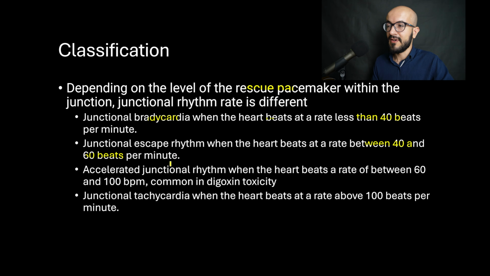And then we have accelerated junctional rhythm, and that is when the heart beats at a rate between 60 and 100 beats per minute, and this is common in digoxin toxicity. And we have junctional tachycardia, and that is when the heart beats at a rate above 100 beats per minute.